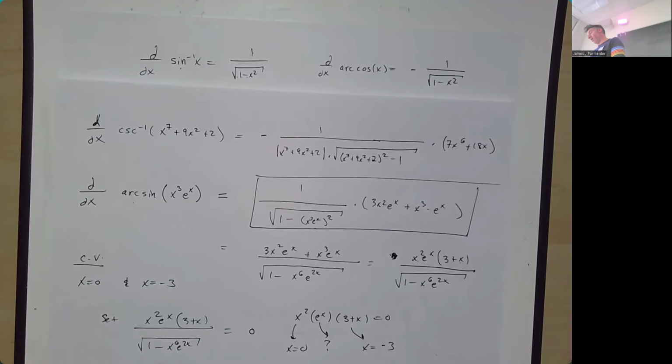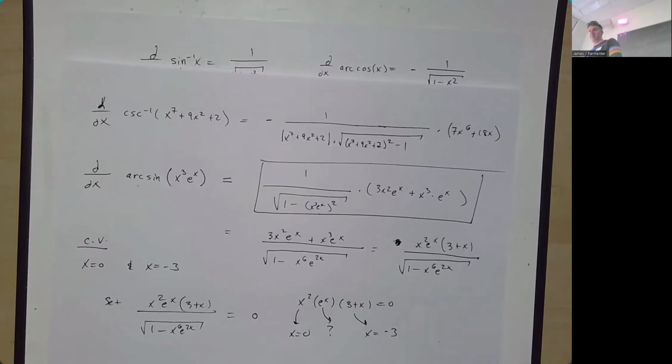And then there's probably some value that makes this thing undefined. I mean, we could look graphically for a second. If I graphed 1 minus x to the 6th times e to the 2x, yeah, there is a place where that's equal to 1.